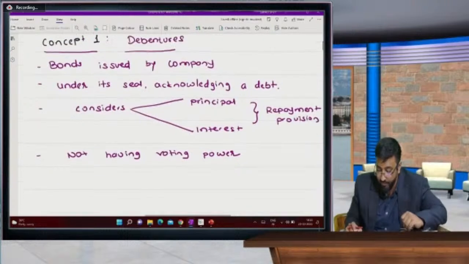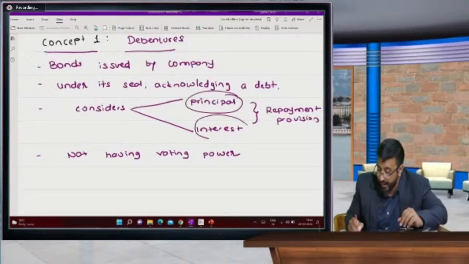Okay. Concept number 2. Debentures are nothing but a instrument in which principal and interest are given.